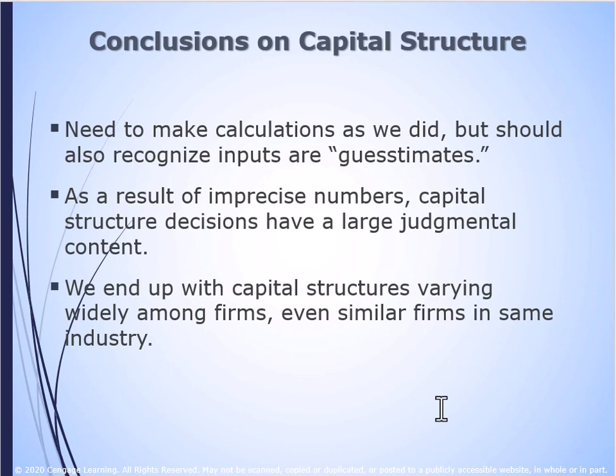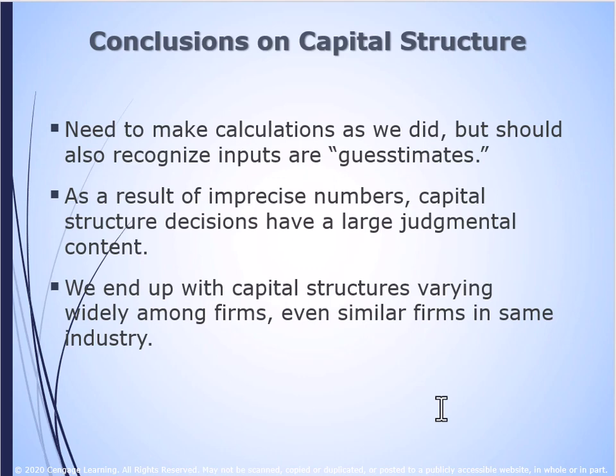So in conclusion, we need to make some calculations, but we need to understand that there are some challenges with this. When we talked about the weighted average cost of capital, we talked about how often the formula changes.